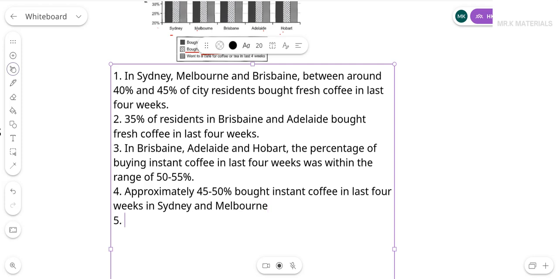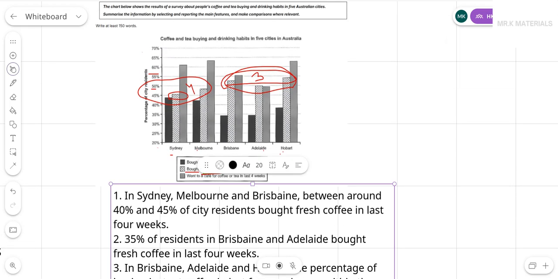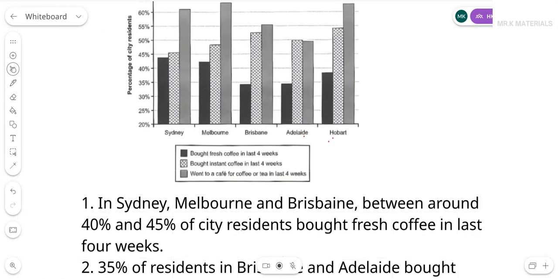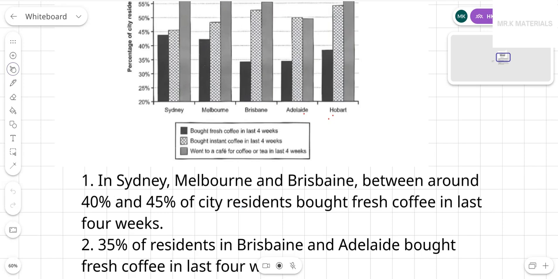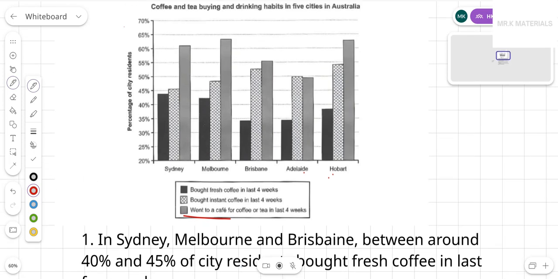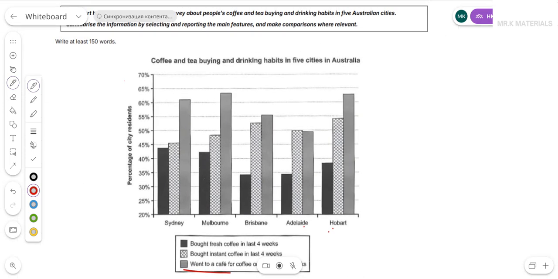All right, done. Okay, the next key feature. I'm gonna quickly remove this. We have said everything about instant coffee. The only thing left is going to a cafe for coffee or tea in the last 4 weeks. Here I have very high numbers. That's okay. So probably this is the most obvious key feature, but I have numbers that are similar.